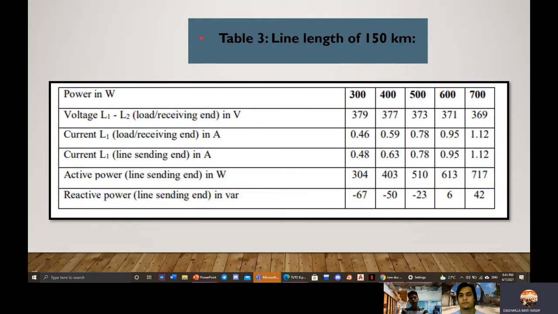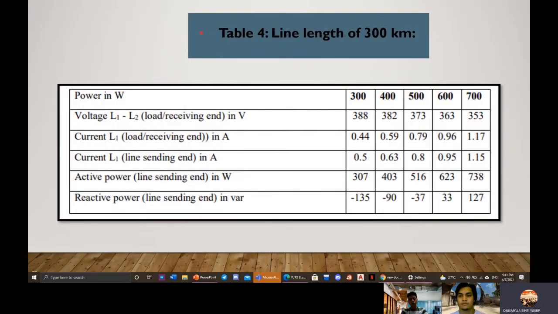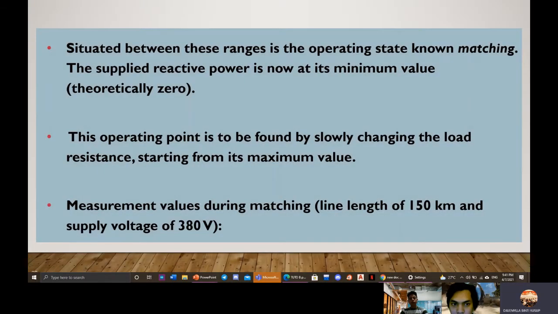Okay, the result for the line length of 150 kilometers: the power in watts, the voltages L1, L2 that we got, the current, and the active power. And this one is for the line length of 300 kilometers, with results from the experiments that are the same as the previous ones, but a little bit different.